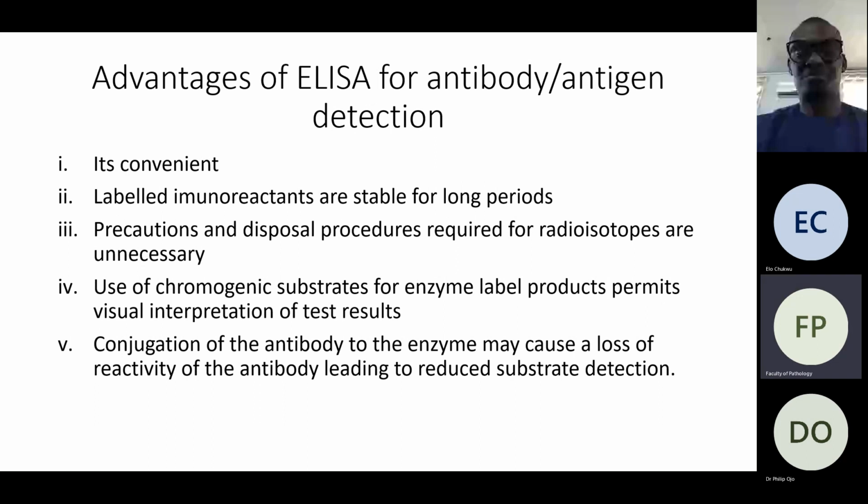The advantages of ELISA: it is convenient. The immunoreactants are stable for long periods. Thirdly, the use of chromogenic substrates for enzyme-labeled products permits visual interpretation of results. That is, the result can be visible to the naked eye because the substrates are chromogenic.